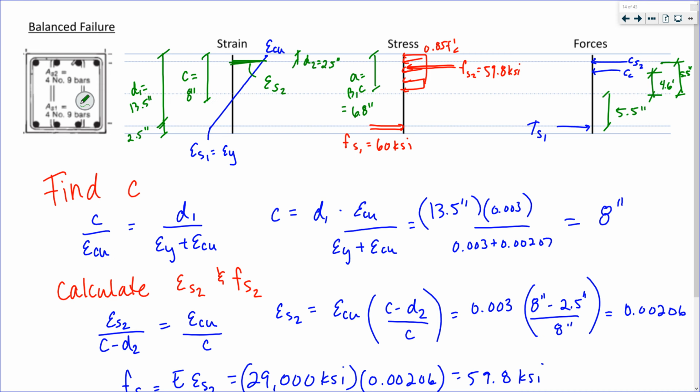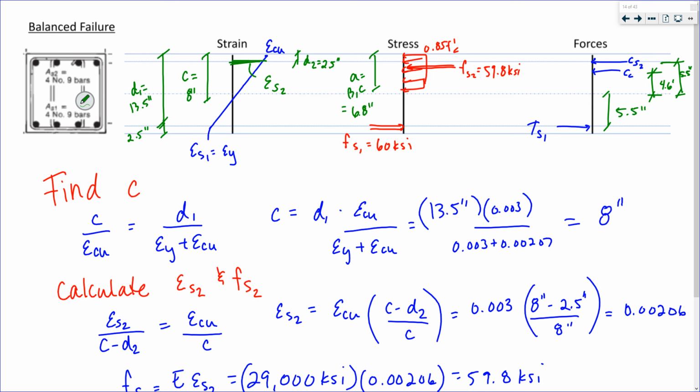Remember, I'm locating my concrete compressive force, my steel compressive force, and my steel tension force in relation to the centroid of the section, the geometric centroid. So the location of the steel, because the centroid of the steel never moves, it's always going to be 5.5 inches from the centroid on one side and 5.5 on the other. Symmetric.